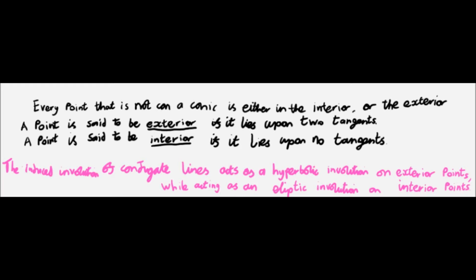So you can see that there won't be any points which have more than two distinct tangents going through them, because a tangent is a line touching a self-conjugate point, and the kind of dual of that idea would be a point which has a self-conjugate line through it. And that's precisely the same thing as a point on the actual conic, on the boundary, the intermediate place between the interior and the exterior.